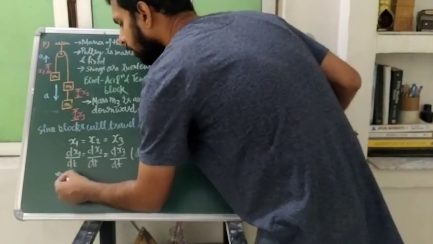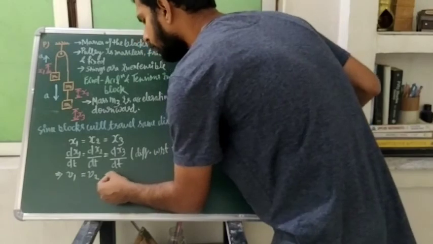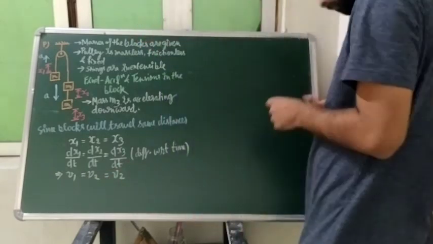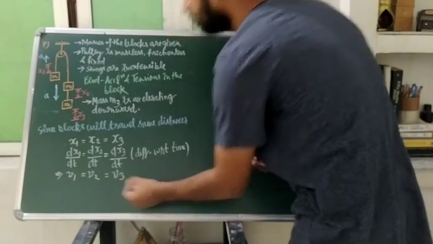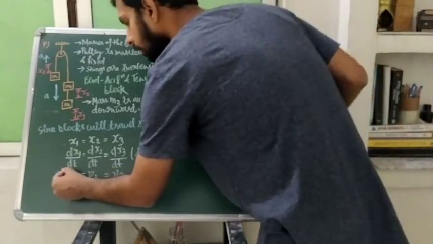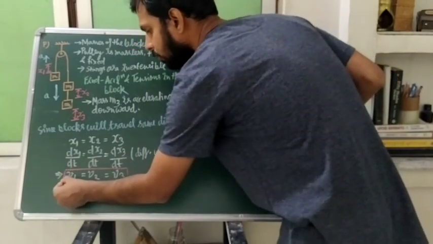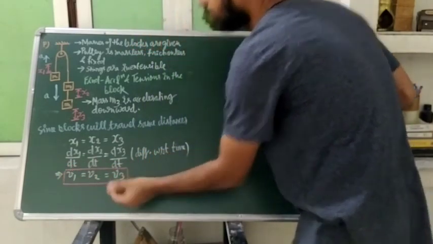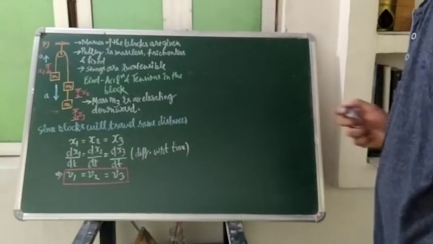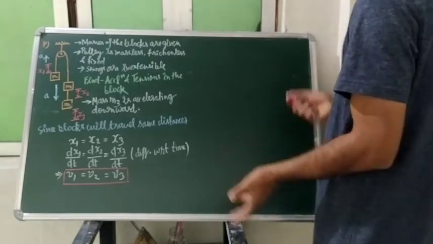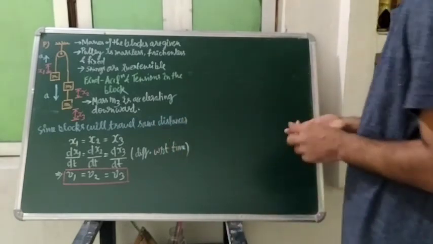We will get that the velocity of block 1 will be equal to the velocity of block 2 will be equal to the velocity of block 3 here. Is it? Since they are traveling the same distances, when we differentiate, it becomes change in distance upon change in time, which gives speed only. And if we are talking about direction, change in position upon change in time, velocity will come.